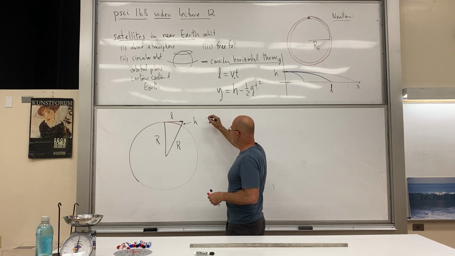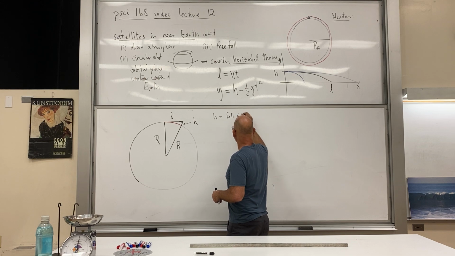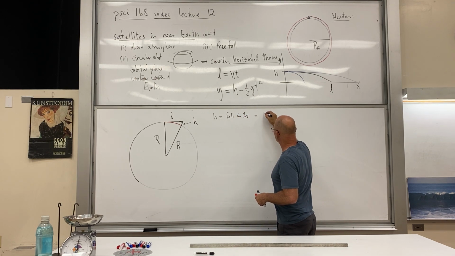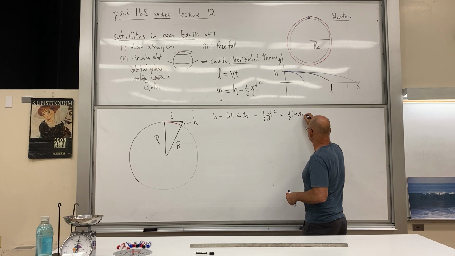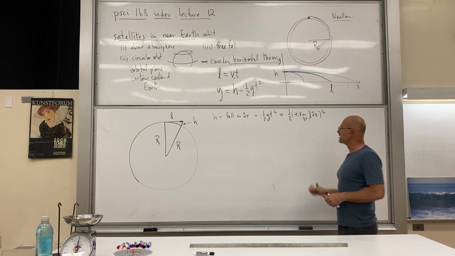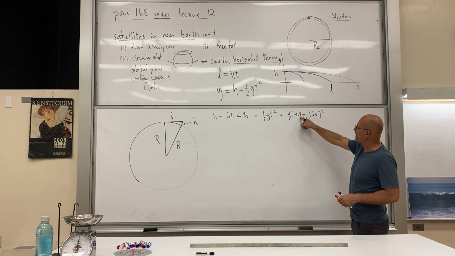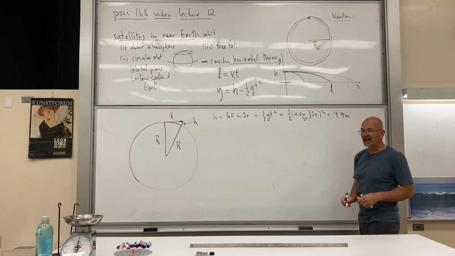So H equals the distance fallen in 1 second, which equals 1/2 g t squared: 1/2 times 9.8 meters per second squared times 1 second, quantity squared. Seconds squared cancel, 9.8 divided by 2 equals 4.9 meters. So that's what H is.